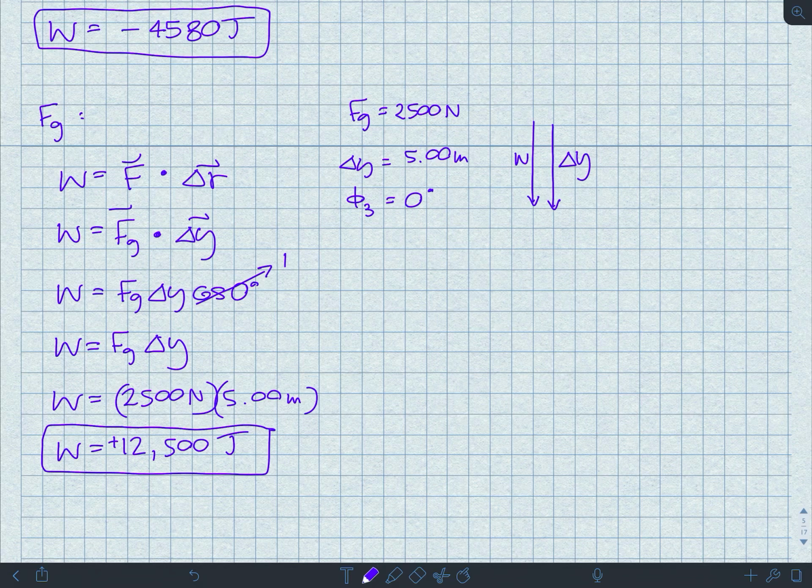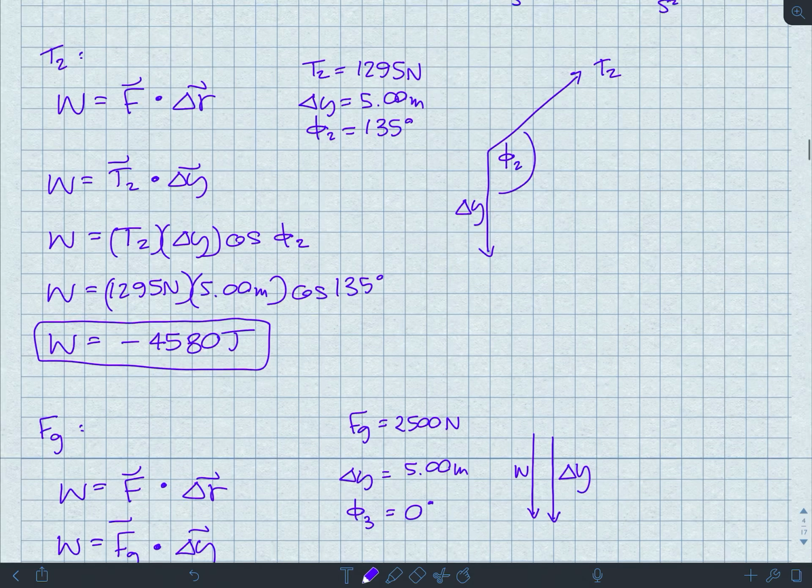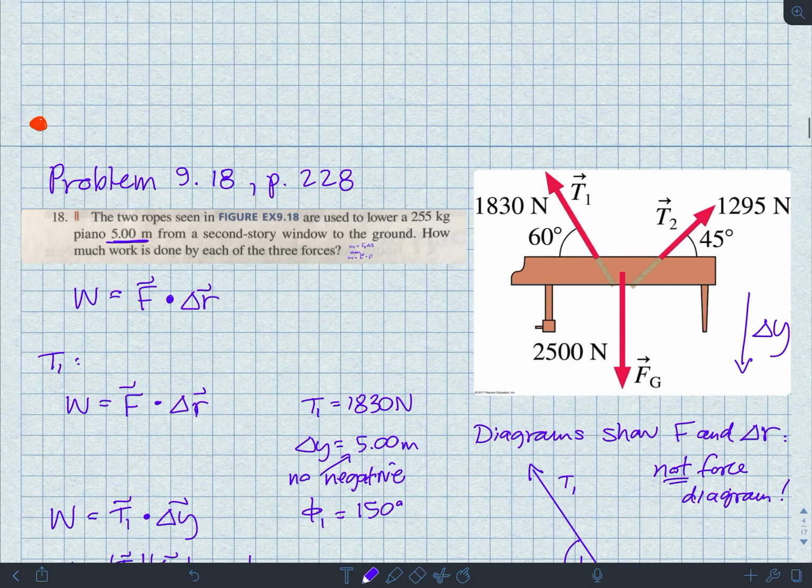Even though this problem didn't ask us to find the net or total amount of work, I'm going to add that as a question. With all three of these forces acting, each one can be contributing its own amount of work, whether it's positive, negative, or 0. But when we add them all together, that's when we get the total.